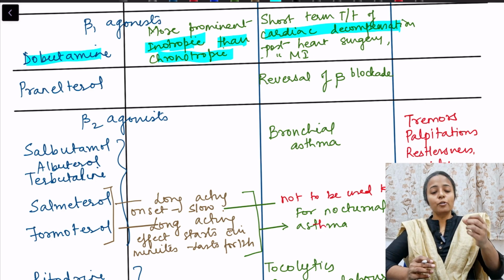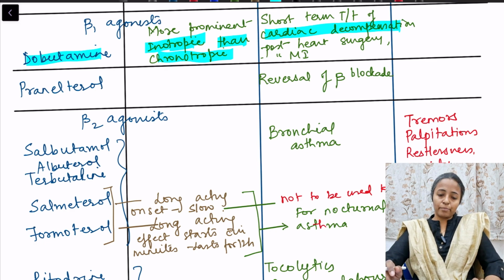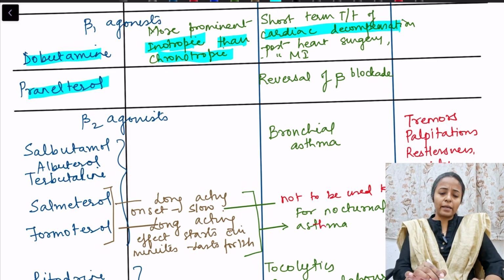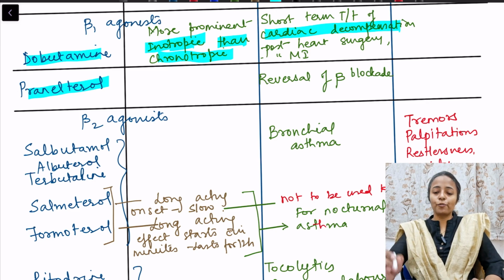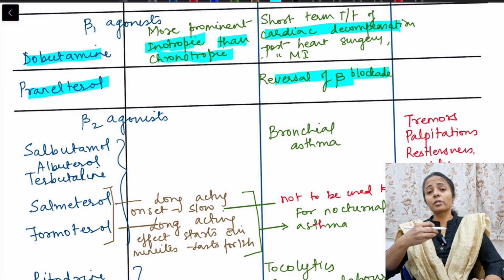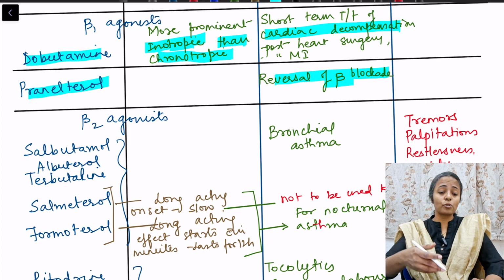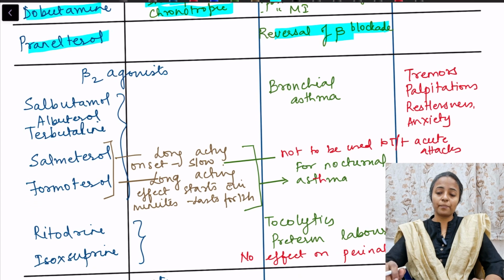So because dobutamine has more inotropic effect compared to chronotropic, it can be used for short-term treatment of cardiac decompensation. Then we have a new drug, prenalterol, which is approved for reversal of beta blockade. So if beta blockers are used and there is toxicity, this drug, prenalterol, can be given.